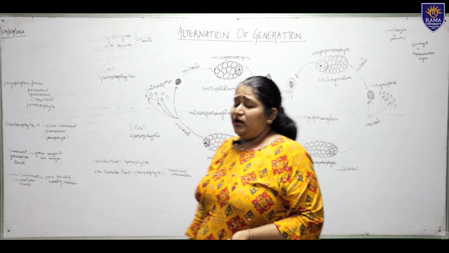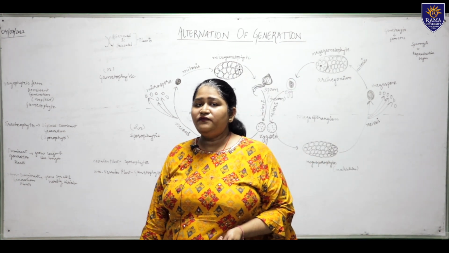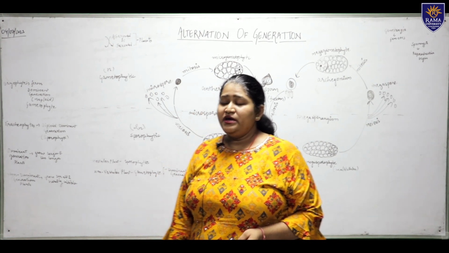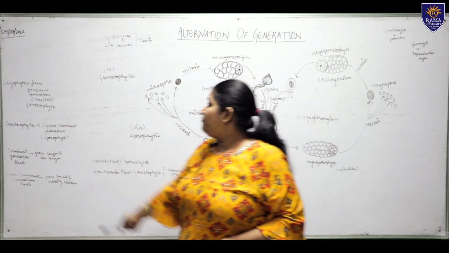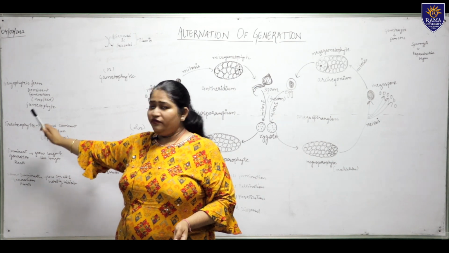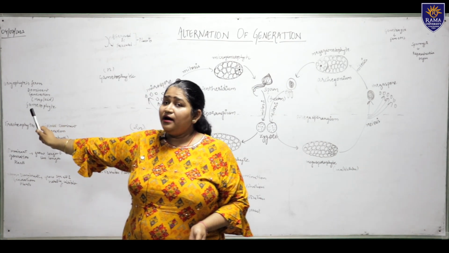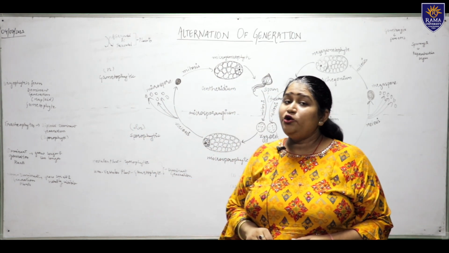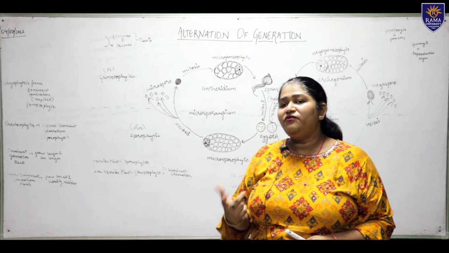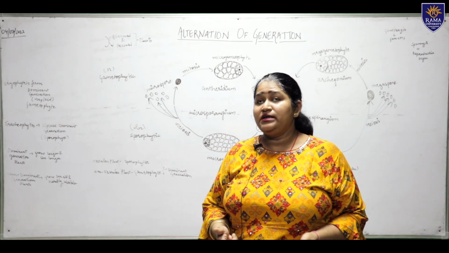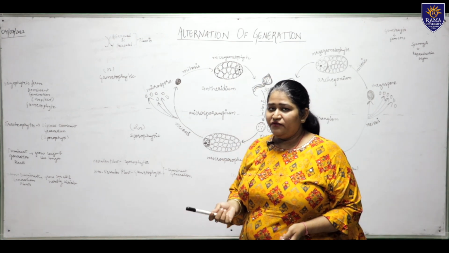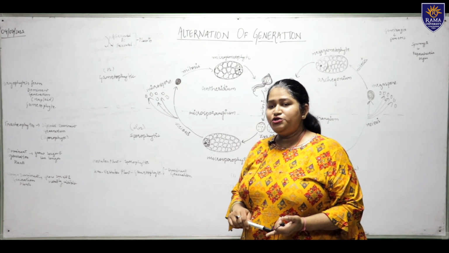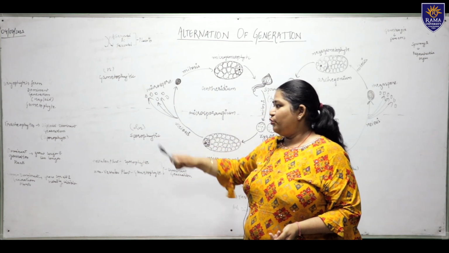Now let's take an example of plants, the bryophytes. In bryophytes we are talking about ferns. In the case of ferns, we have the dominant generation. First, we have to know what the dominant generation is. There are two generations, gametophytic and sporophytic.